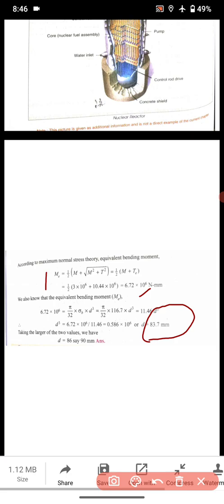Now compare both the diameters which we are getting from the Rankine theory and the Guest-Tresca theory. The diameter we are getting from Guest-Tresca theory is 86 millimeter, and the diameter we are getting from Rankine theory is 83.7 millimeter. Okay.